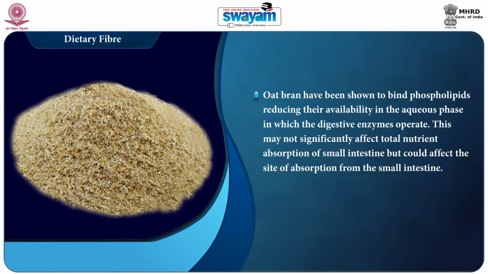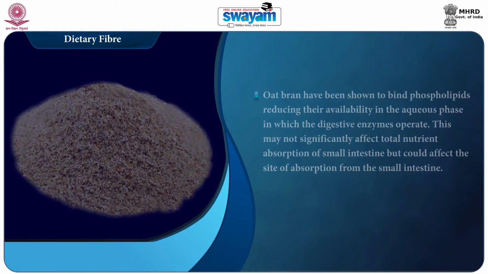Oat bran, which is an example of soluble fiber, has been shown to bind phospholipids, thereby reducing their availability in the aqueous phase in which the digestive enzymes operate.